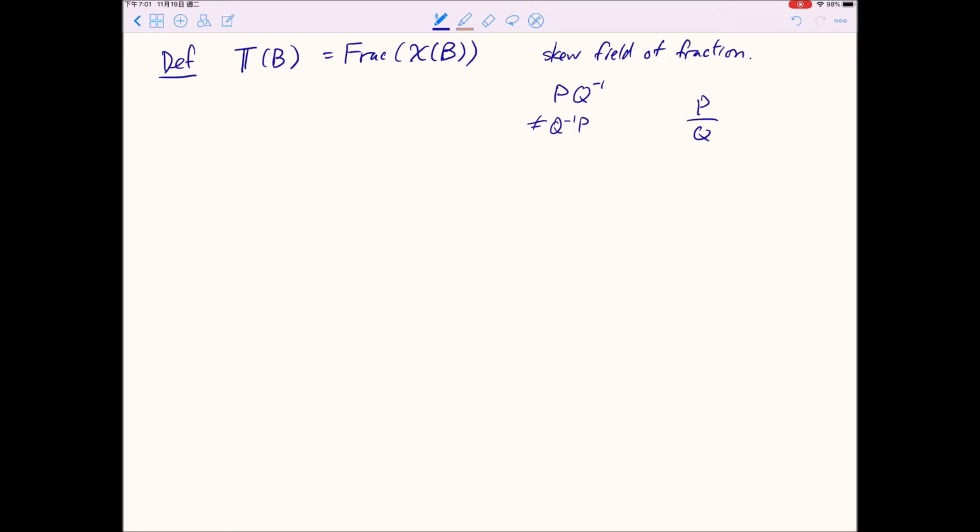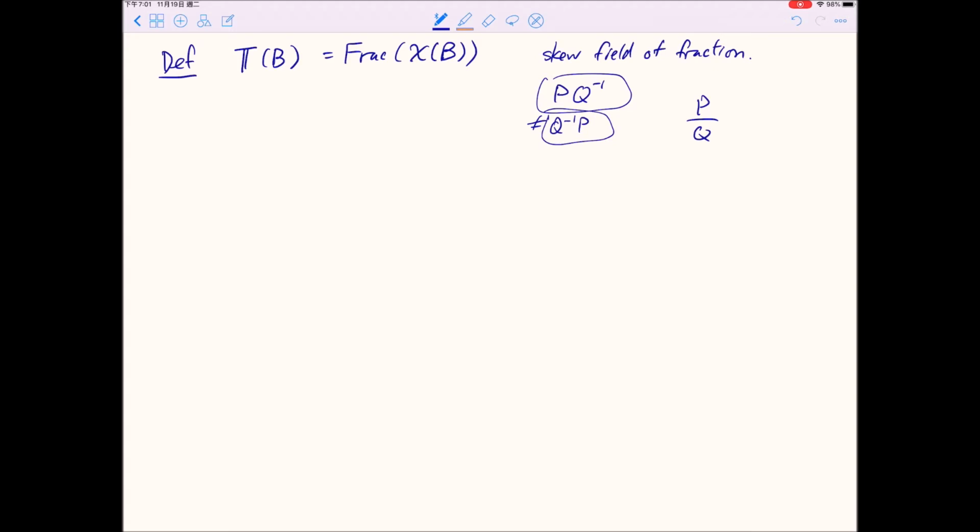We will denote by T of B the skew field of fractions of our quantum torus algebra. These are just the non-commutative version of the field of fractions, rational functions. If you have non-commutative expressions, you can always write fractions of this form. You don't write P over Q because you don't know whether it is P Q inverse or Q inverse P. Usually they are not the same.